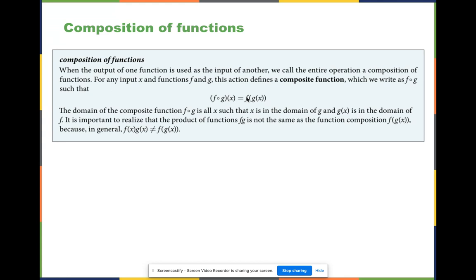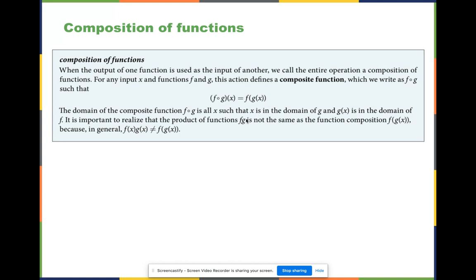Okay, we have a function as the input, one function as the input to another function. So we say this is a composite function. Okay, so the words are we have a composition of functions, and this itself is a composite function. The domain we'll talk about a little bit later in the next video.